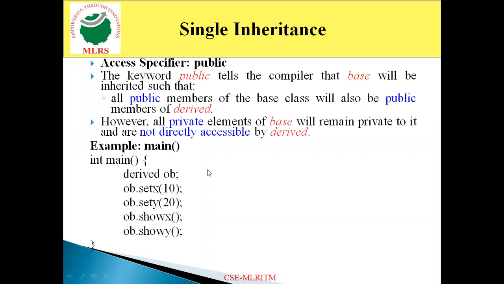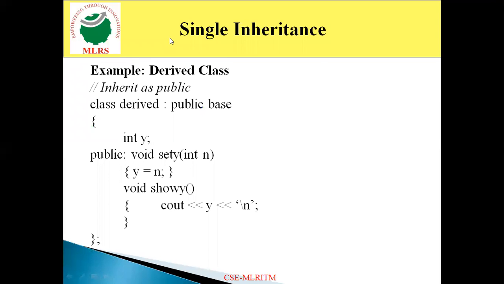Now sety of 20. That indicates I execute the sety function in the derived class, and at the same time I am passing the value 20. It executes the sety function in the derived class and assigns the value 20 to n. Now the same n value will be assigned to y, so the y value is 20.